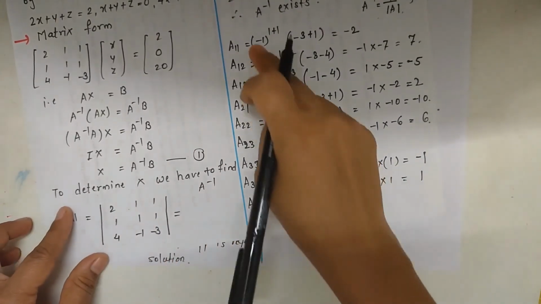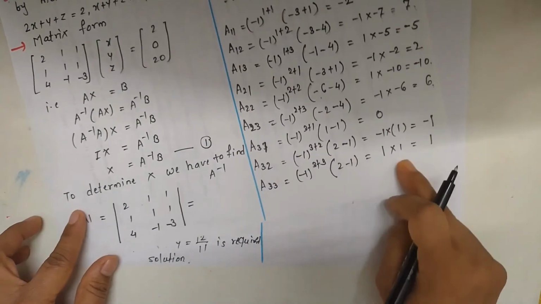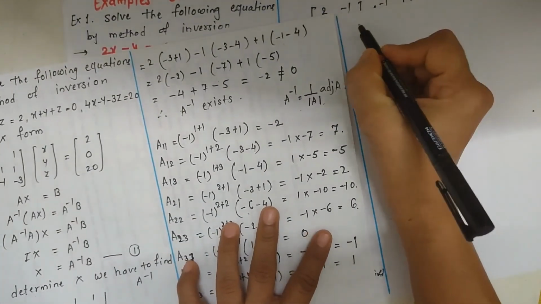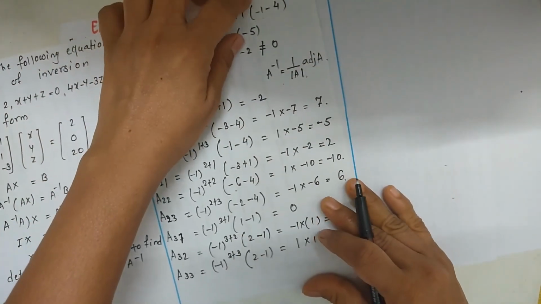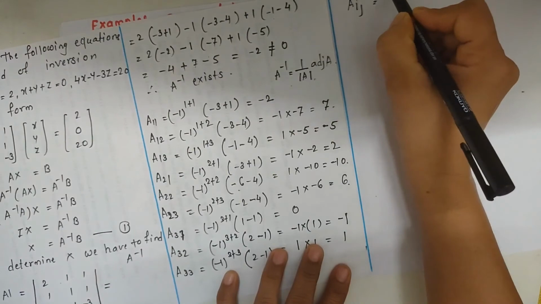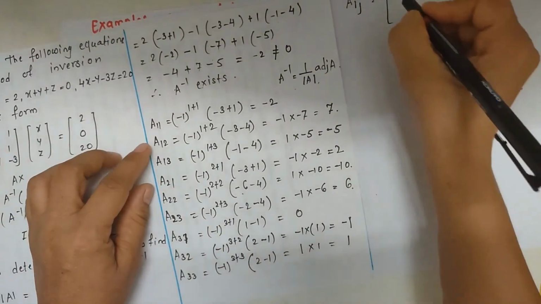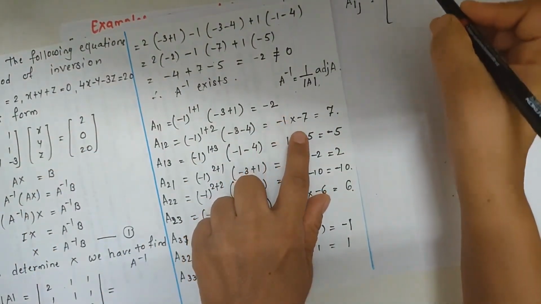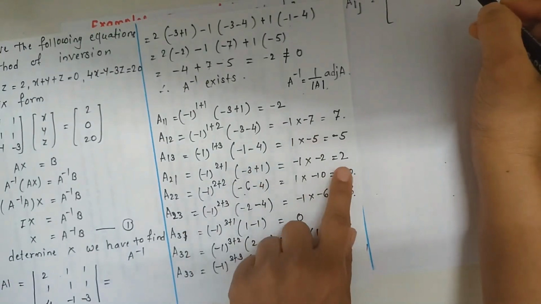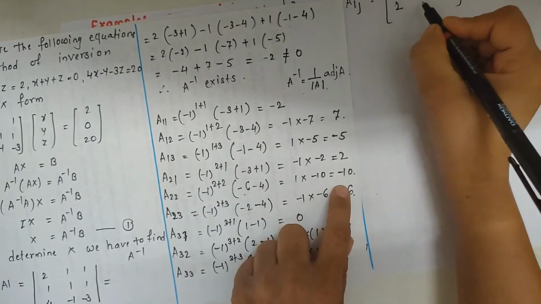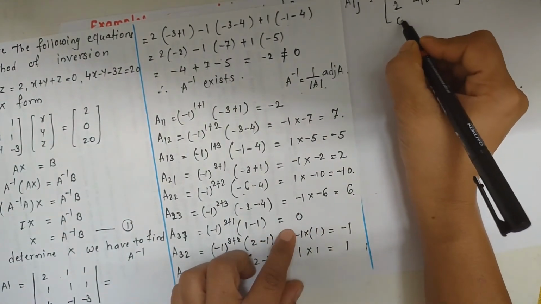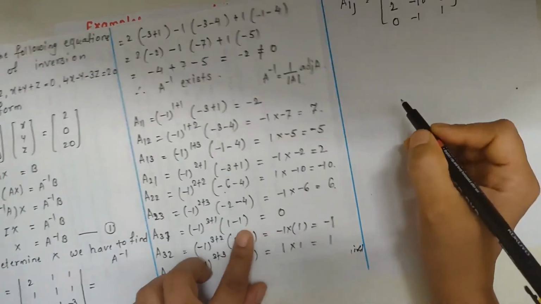In this way we get the cofactor elements, so we get the cofactor matrix. Now the cofactor matrix, denoted by Aij, is: first row minus 2, 7, minus 5; second row 2, minus 10, 6; and third row 0, minus 1, 1.